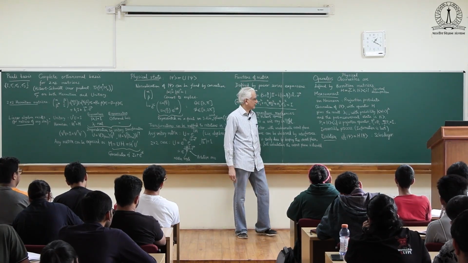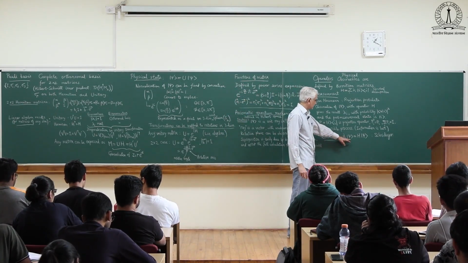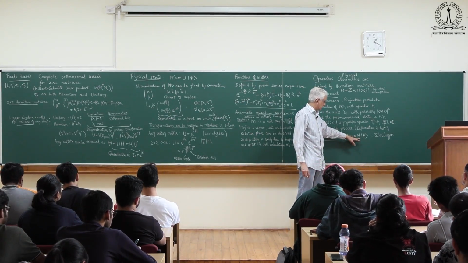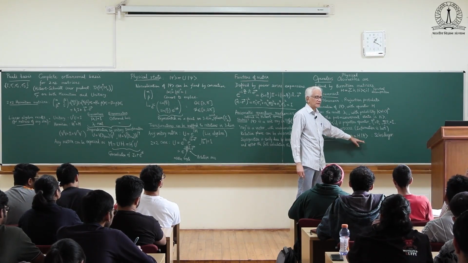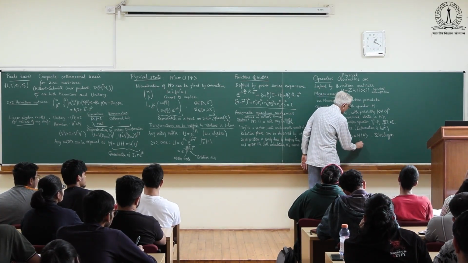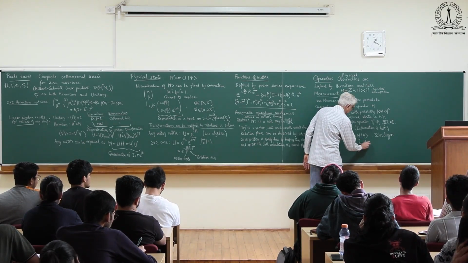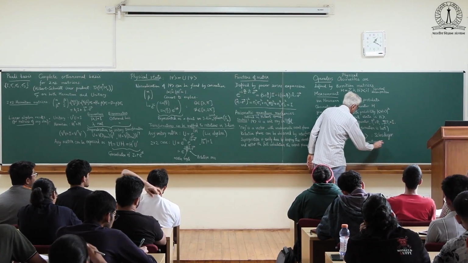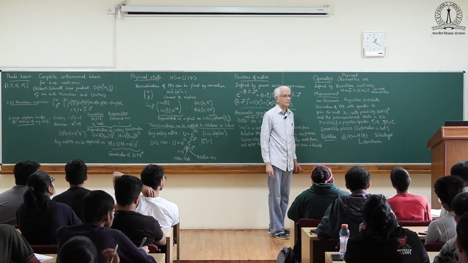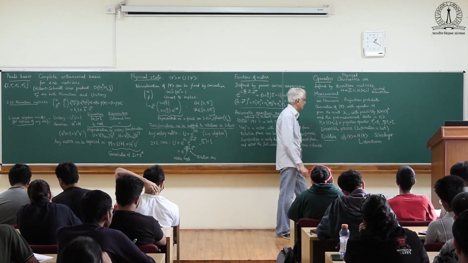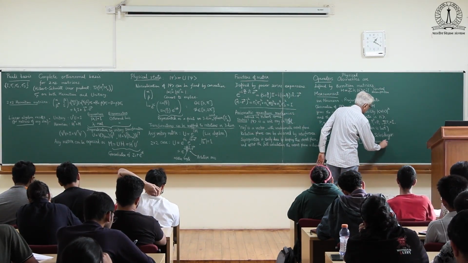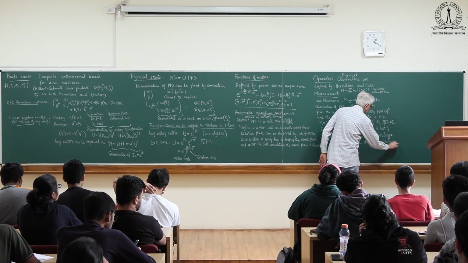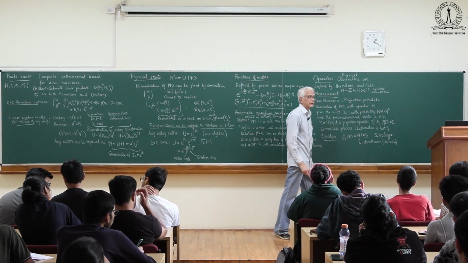The equation is very simple. The time derivative of the state is given by an operator acting on the state, and this operator is called the Hamiltonian of the system, and it is always Hermitian.